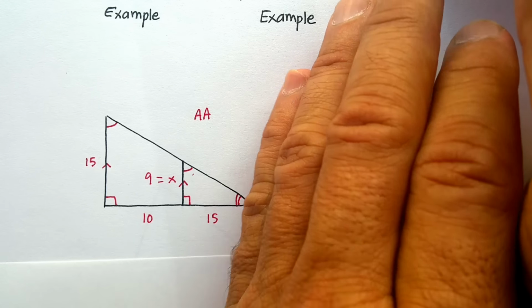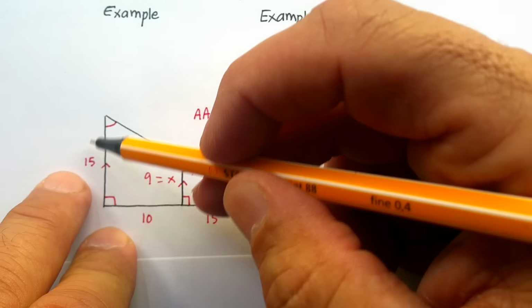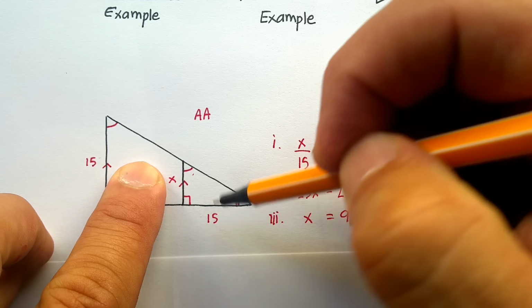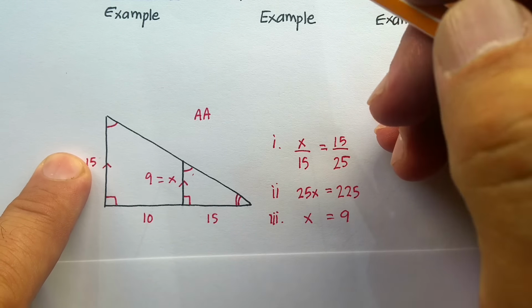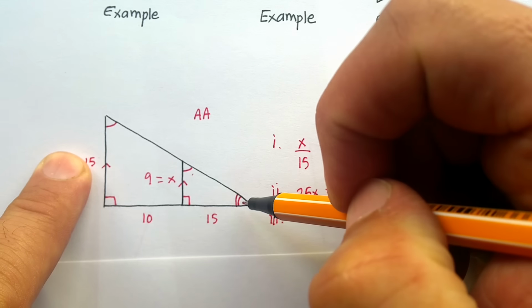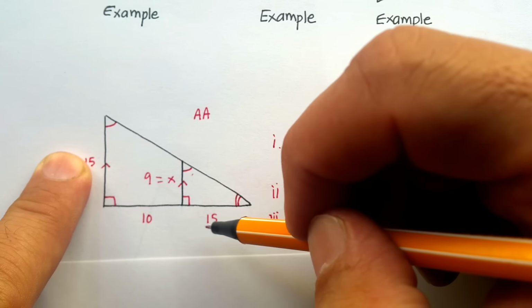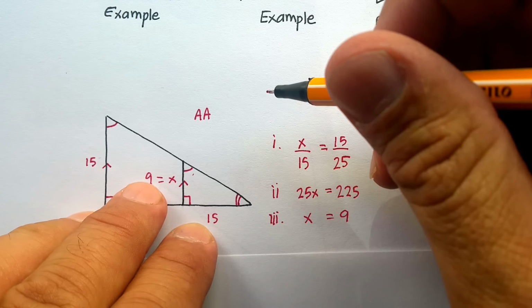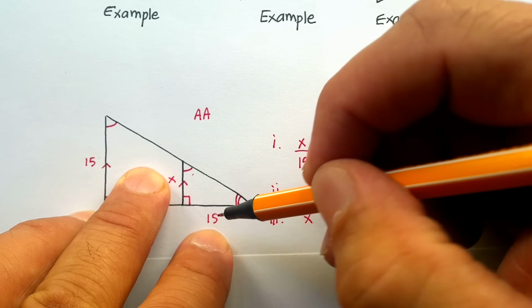If that's true, now we just set up our proportions, right? Now we knew that this is 15, we knew this was 10, that was a given. We knew that this was x, we knew that was 15, that was a given. So we know that 15, this side, opposite this angle, over the whole long leg, which is 25, add these two, 15 over 25 should be proportional to x over 15, side opposite over the long leg.